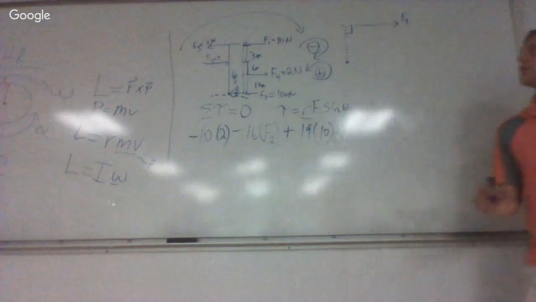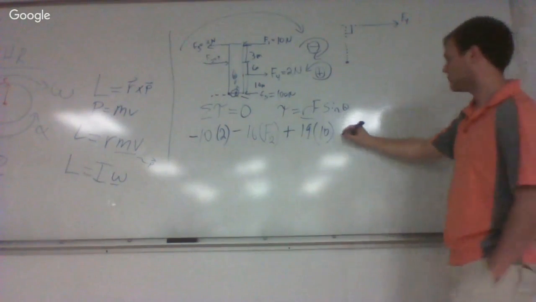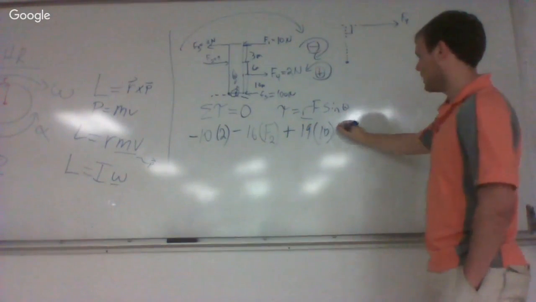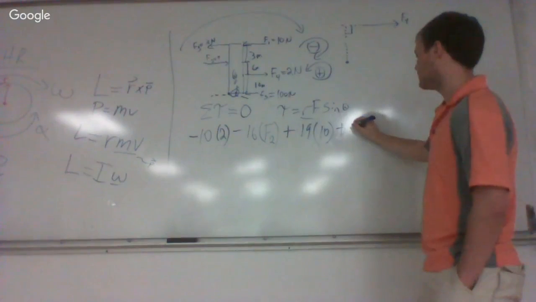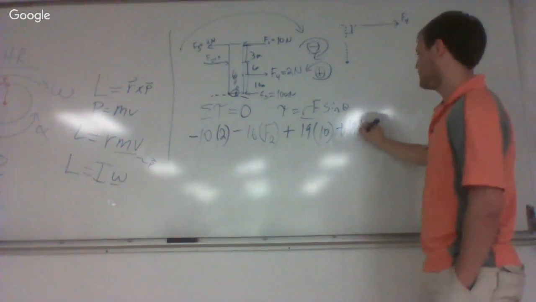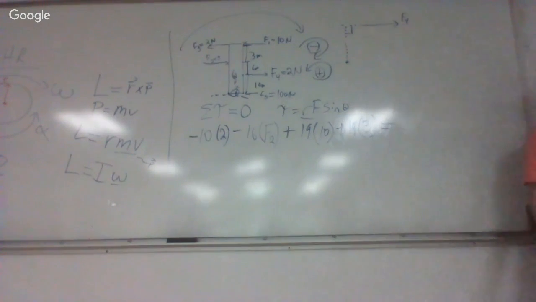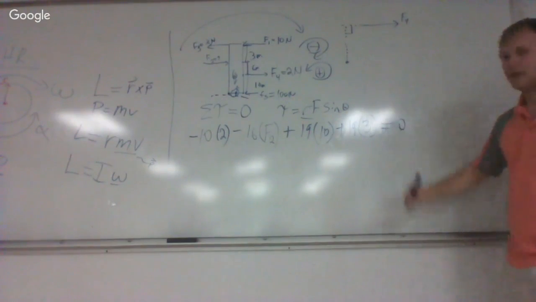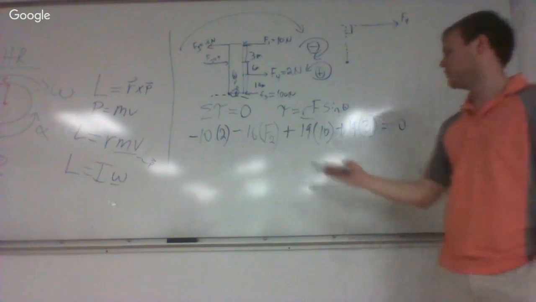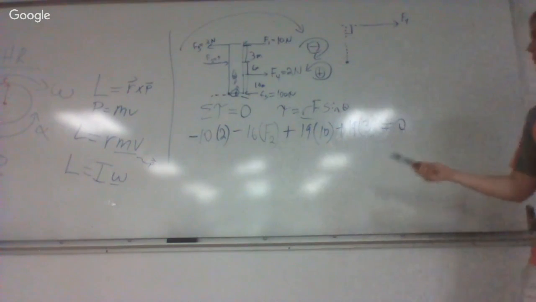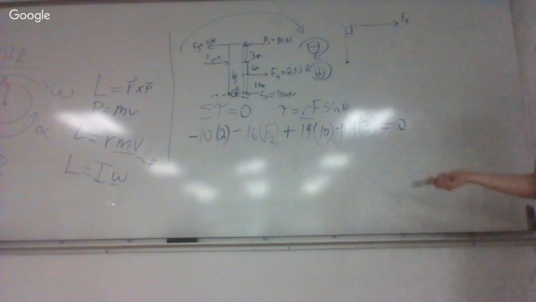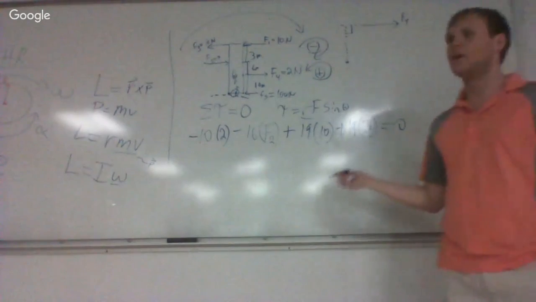Now force 3, positive distance. What's that equal to? 0. So we have negative 10 times 2 minus 16 times 10 equals 0.